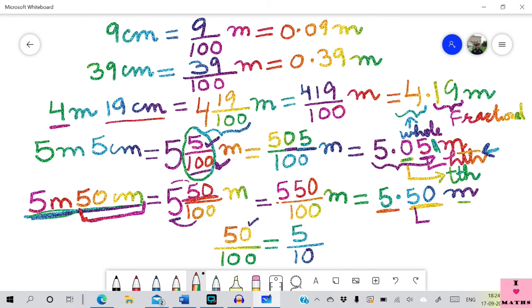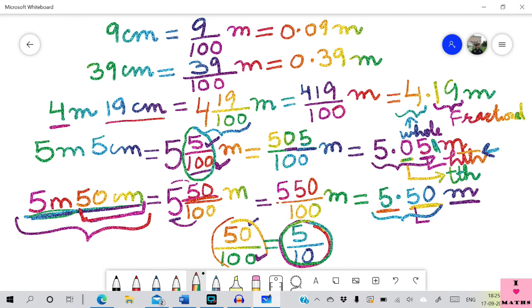By dividing 50 and 100 by 10, we get an equivalent fraction 5 upon 10. So 50 upon 100 and 5 upon 10 are both equal. So this is the reason we have 5.50 meter for 5 meter 50 centimeter.